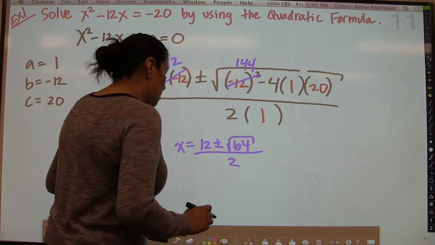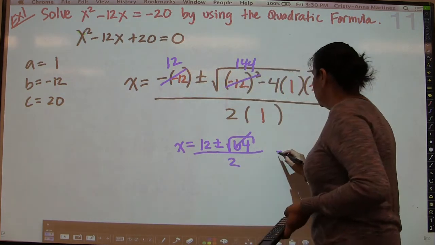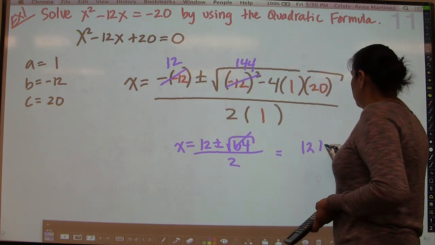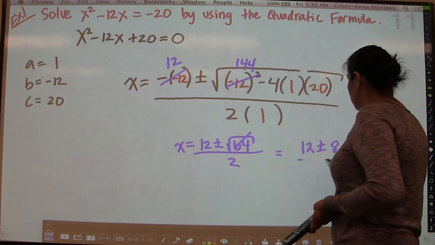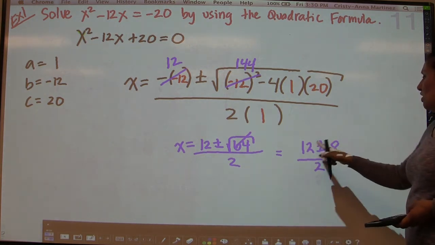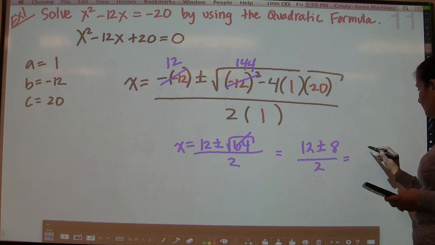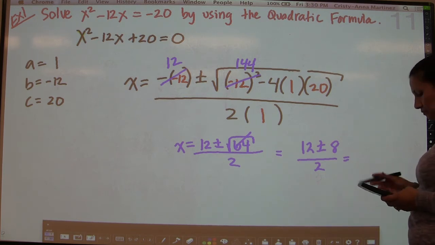Since we know the square root of 64 is 8, we're going to get 12 plus or minus 8 divided by 2. So don't let this scare you. It just means that you want to go 12 plus 8, which is 20, and then 20 divided by 2.